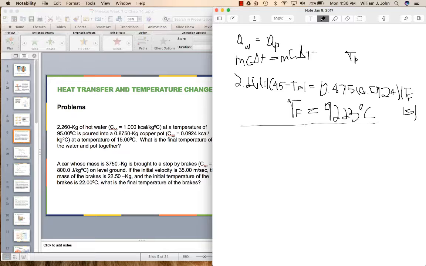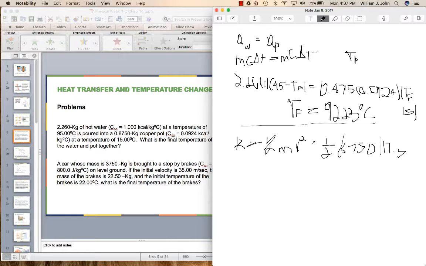So if we use that, the kinetic energy here is going to equal 1/2 mv squared, where m is the mass, and that's going to equal 1/2 times 3,750, this is really not working very well, I'm really sorry about this, times 17.5 squared.